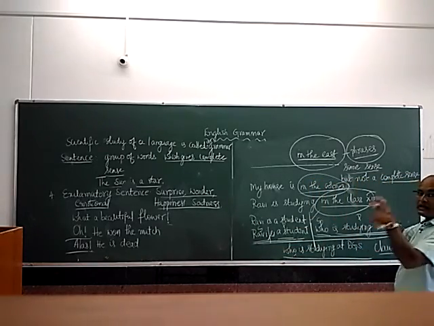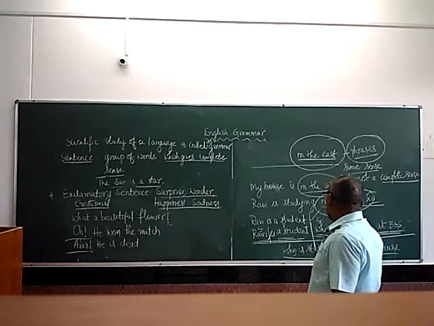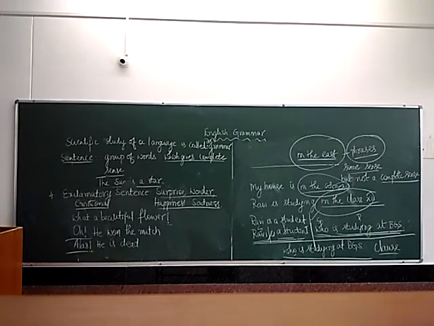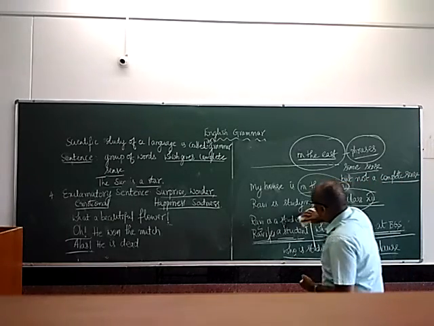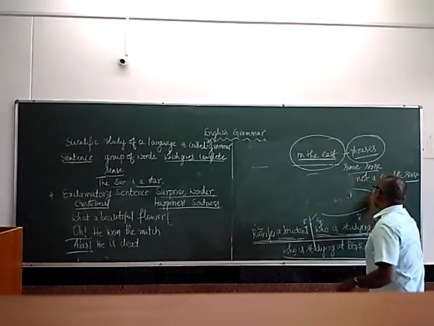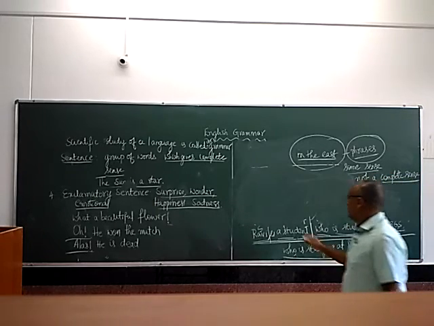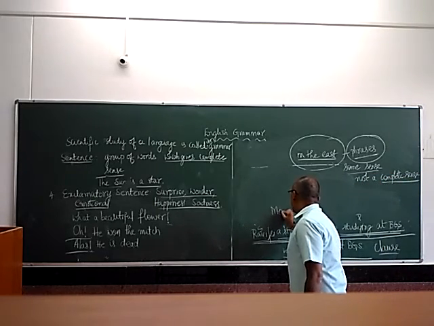The whole thing, then, we are going to say it is a sentence. Okay, and here one important thing that we have to understand: what are the different types of clauses? We will have two different types of clauses.